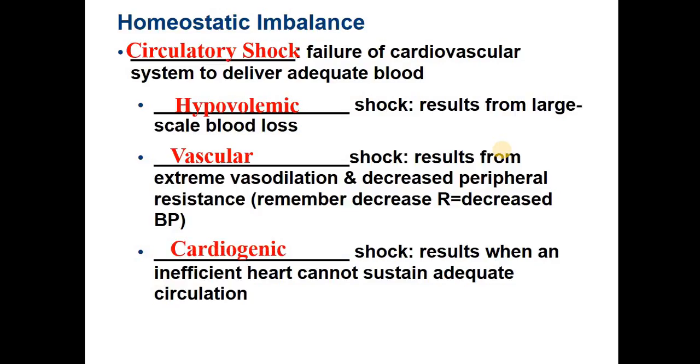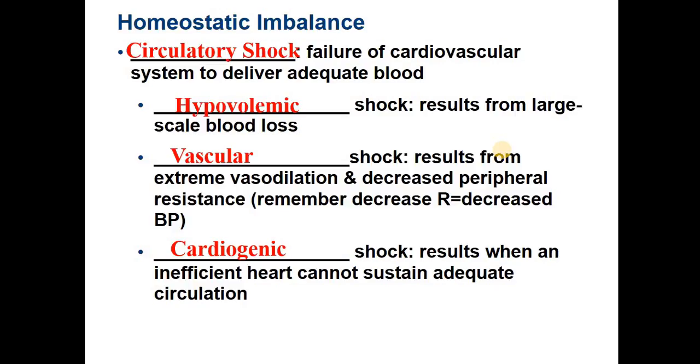This is affecting the heart. This results when the heart is inefficient and it cannot sustain adequate circulation. And this can lead to circulatory shock, because remember, if the heart isn't working right, then the blood isn't getting sent out at a good rate, because that is the job of the heart, to pump and get that blood out. So that is the end of chapter 19.